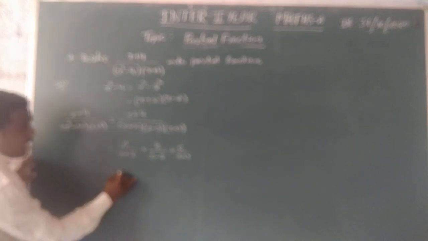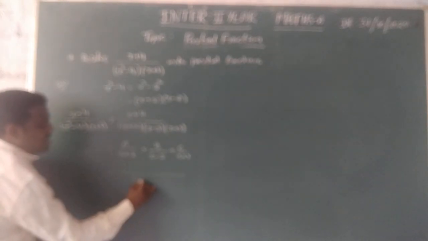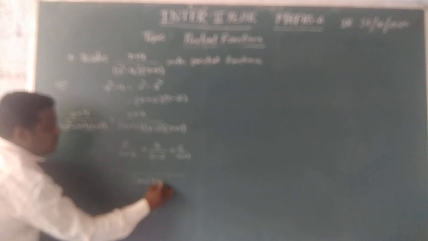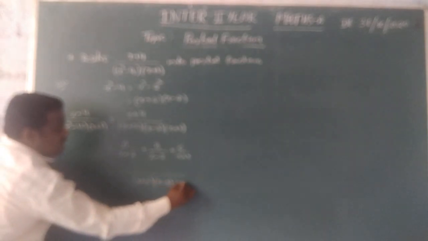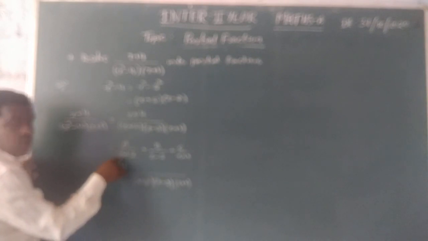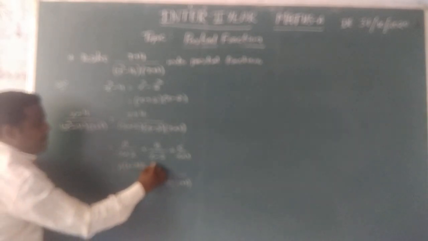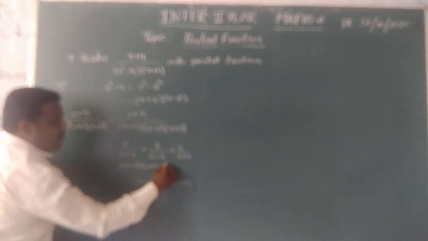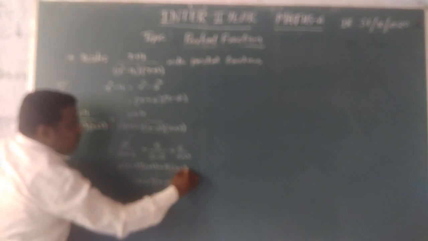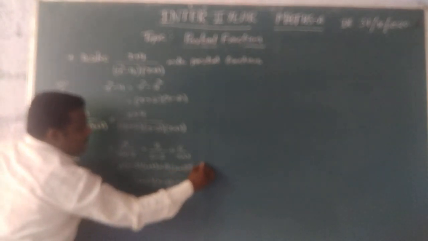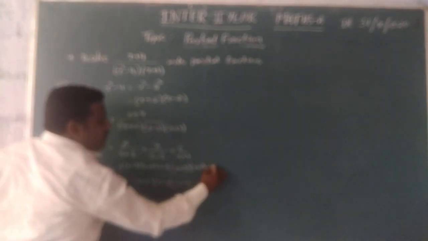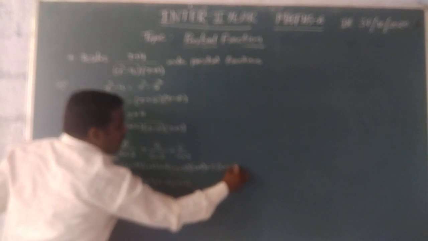On the right side the LCM is x plus 2 of x minus 2 of x plus 1. Then the numerators: a of x plus 2 is the denominator, remaining factors of the LCM, x minus 2 into x plus 1, plus b of x plus 2 of x plus 1, plus c of x plus 2 of x minus 2.